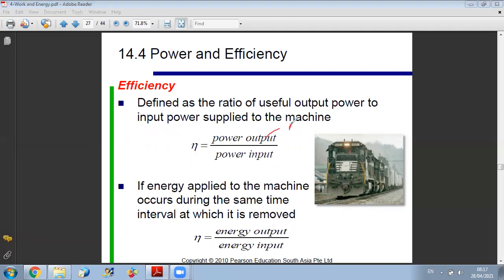It's delta energy, so it's the output energy over delta T. And also for the power input, it's the energy input over delta T. Now, in case delta T is the same for both, at the same time of supplying energy we are using it, then delta T will be simplified. And the efficiency can be computed as energy output over energy input.